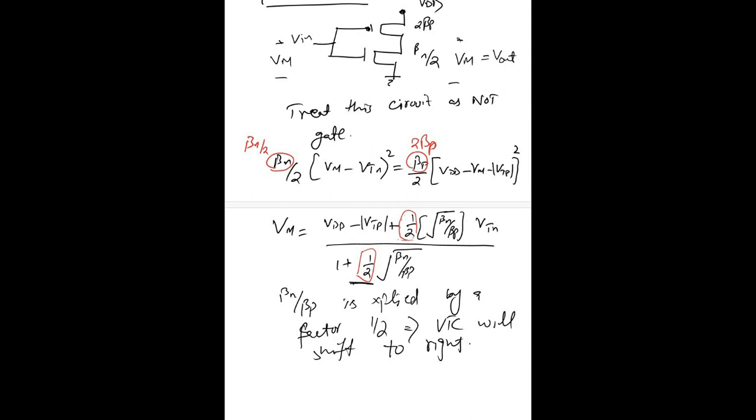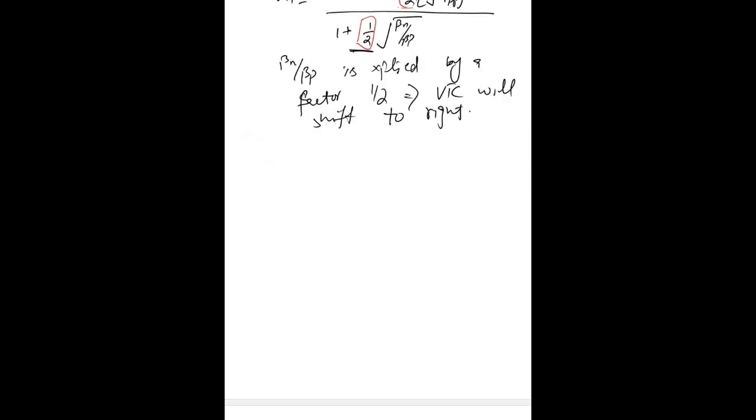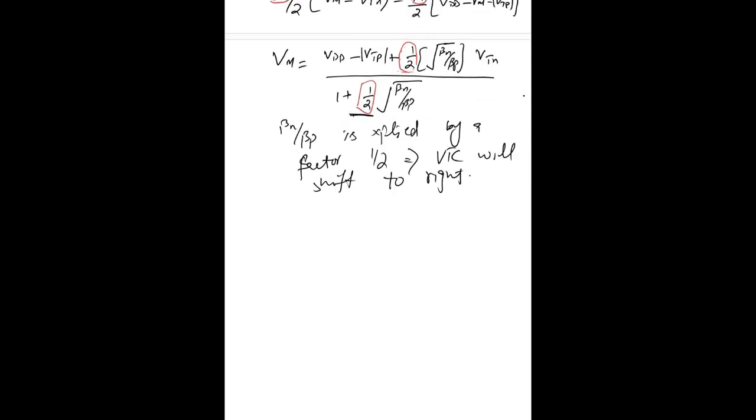And what other thing can we conclude from this expression? We observe this term 2 here, that comes from our beta n by 2 or 2 beta p. So this 2 is equivalent to this 2 here.